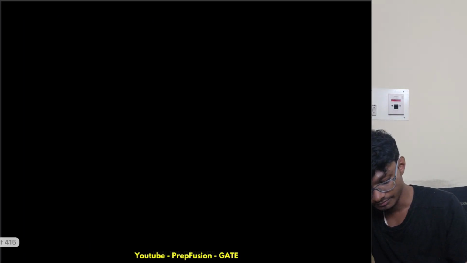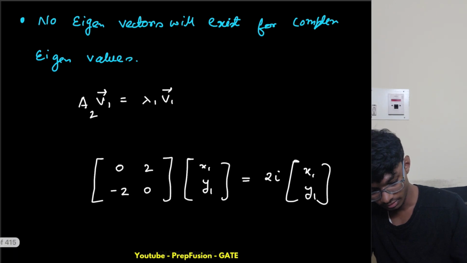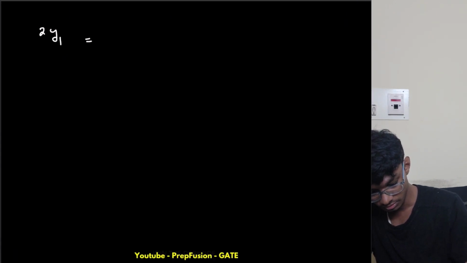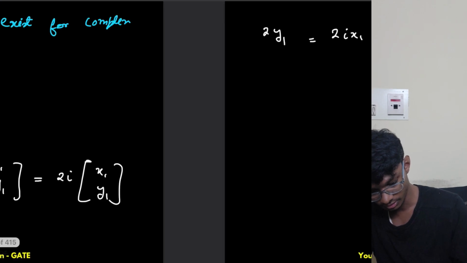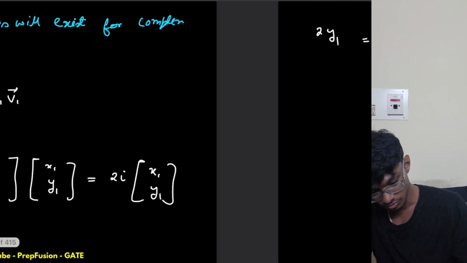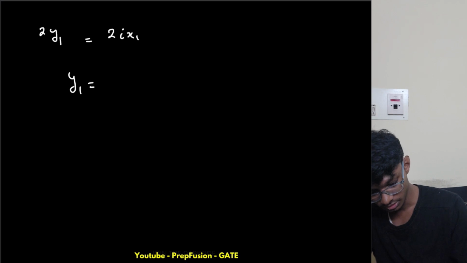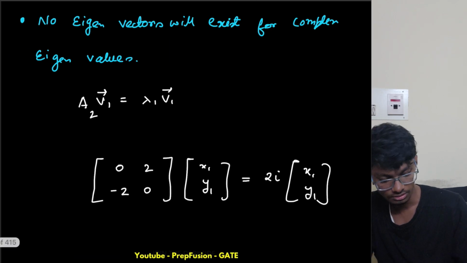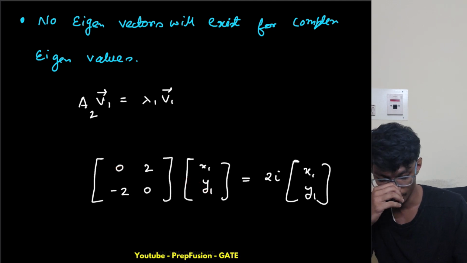Let's solve the first equation. 2y1 equals 2i x1. So y1 equals i times x1. This is the first equation. Now what is the second equation?